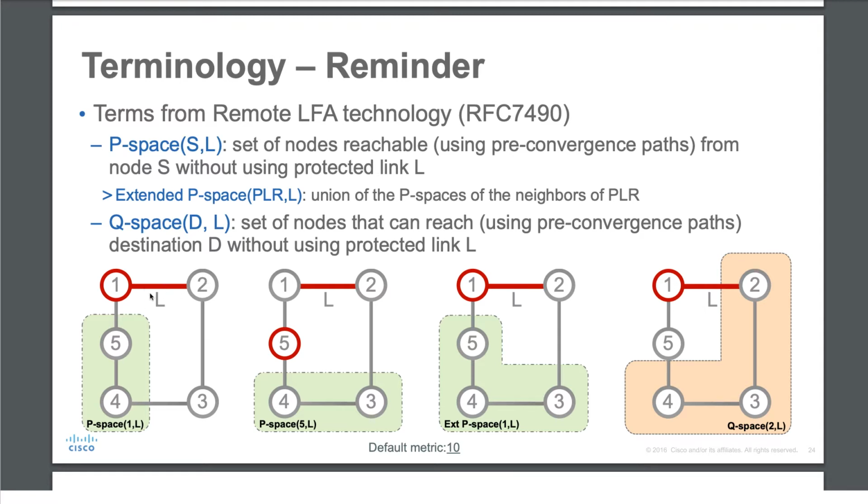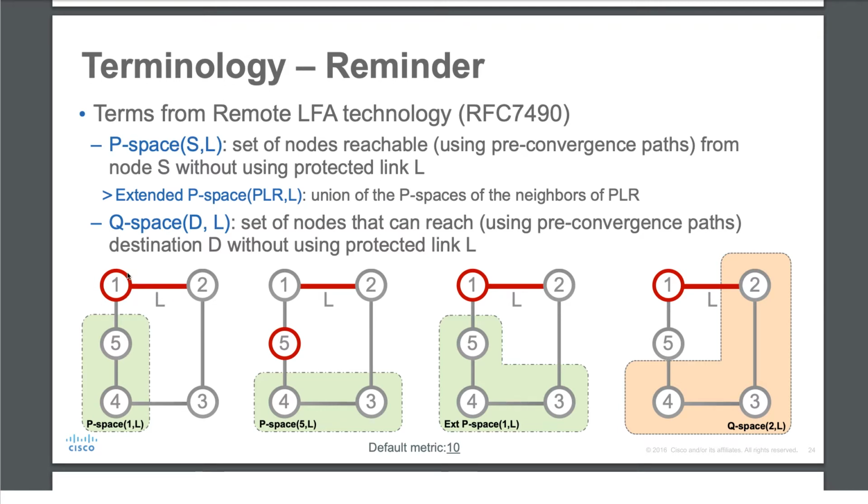So just to go over one more time: any time we are trying to send the traffic towards our destination, and when sending the traffic we are using a link, and that is our protected link, if anything happens to this protected link, it is going to impact our source.